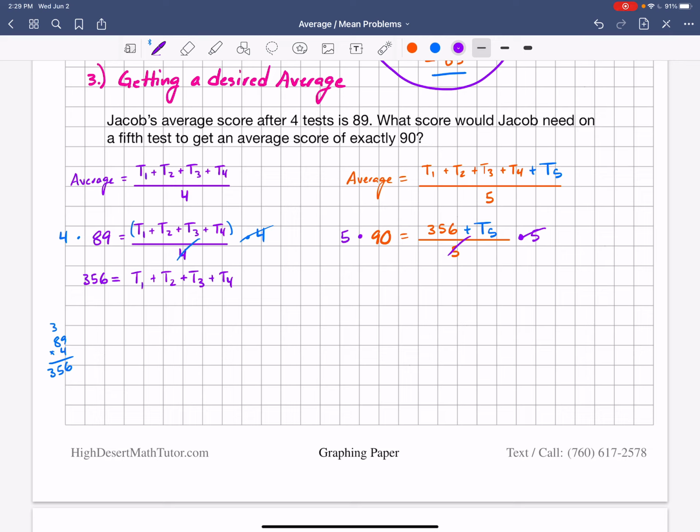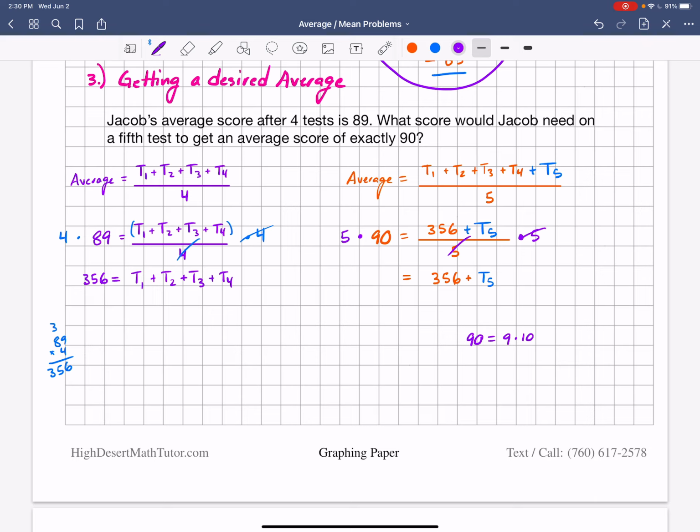Multiplication and division cancel each other out, and we get 356 plus test 5 is equal to 5 times 90. So I'm going to show you a quick little trick. 90 is equal to 9 times 10.